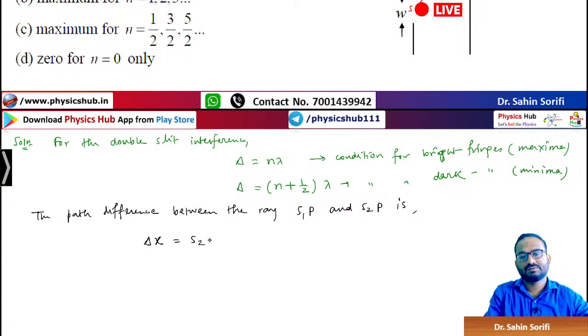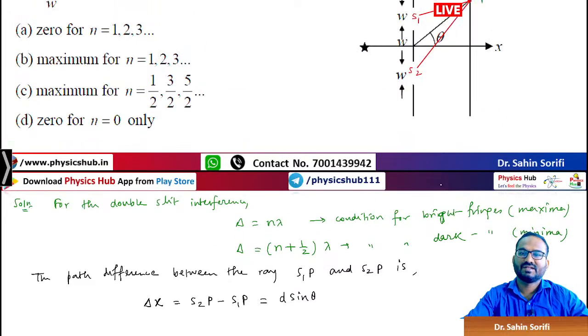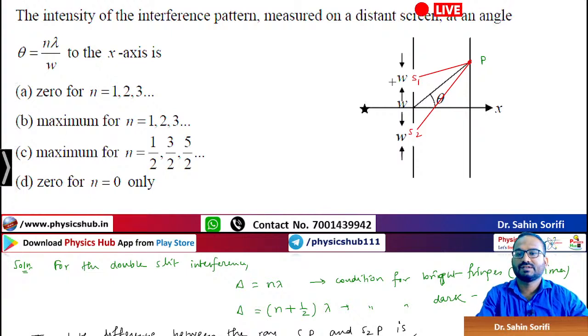Delta x is S2P minus S1P. This is equal to, we know this formula very well, d sin theta, because d is the distance between the two slits, center to center distance. Okay, this much is d.